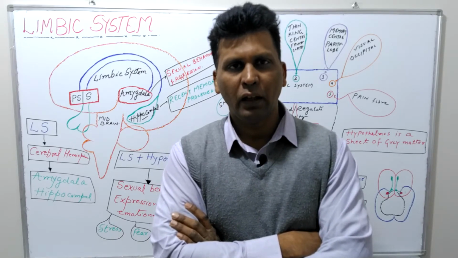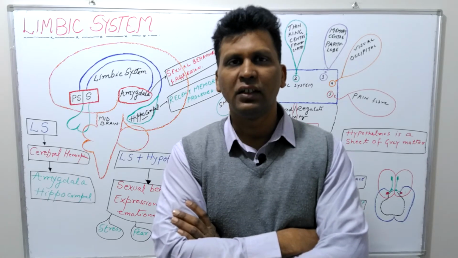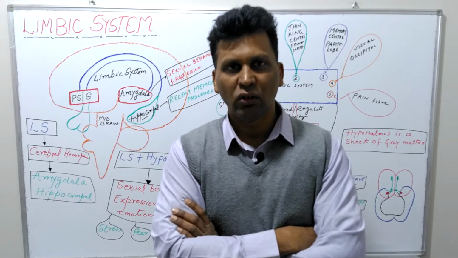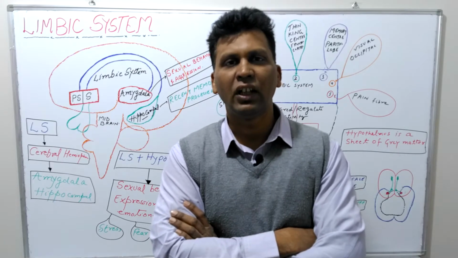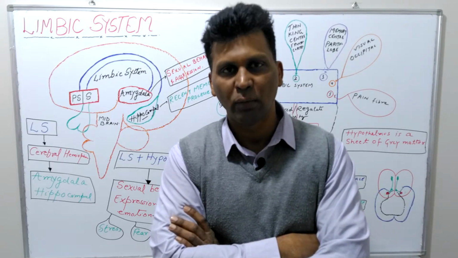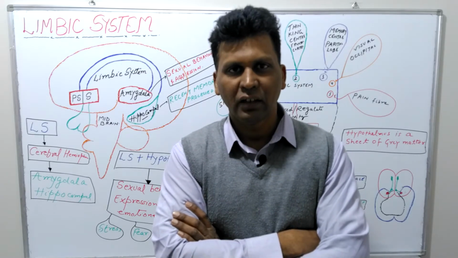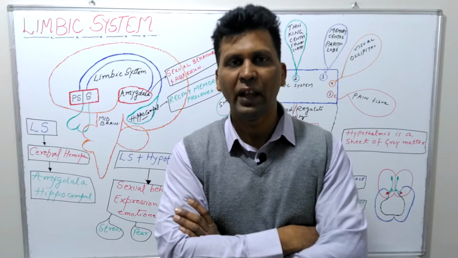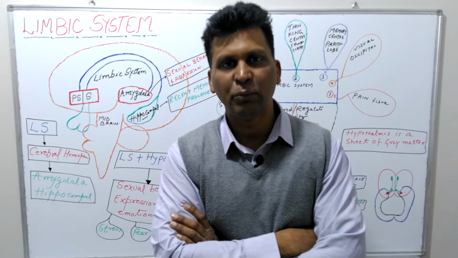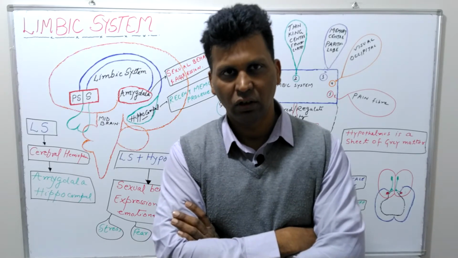Now, as previously, we have already studied neuroanatomy. We have started the series of lectures on neuroanatomy, in which, let us recall, we have studied the forebrain having the cerebrum and diencephalon.